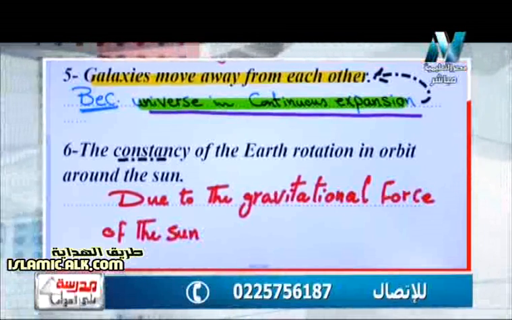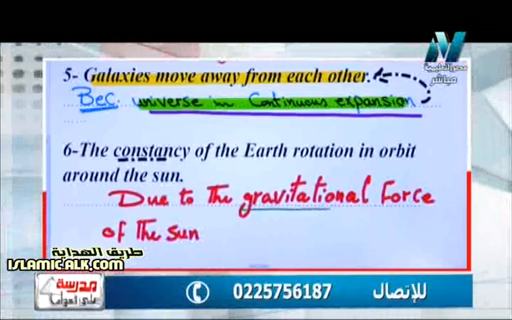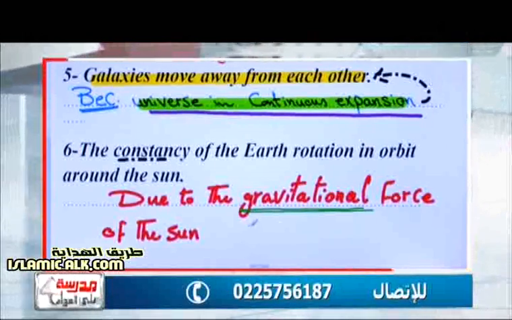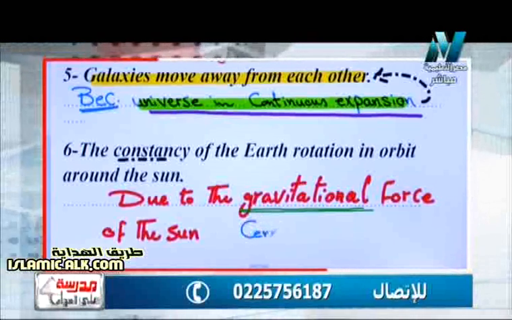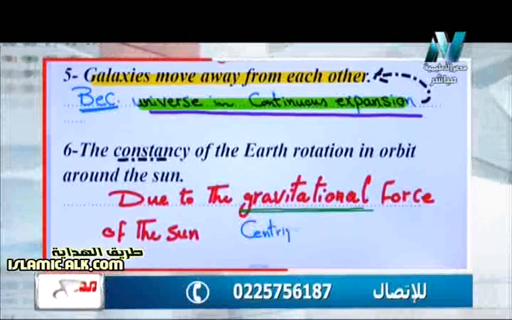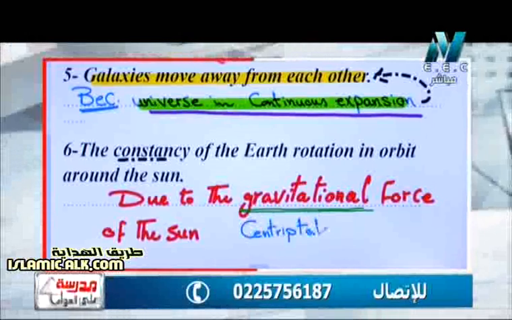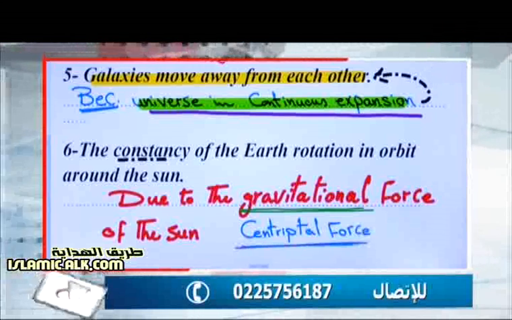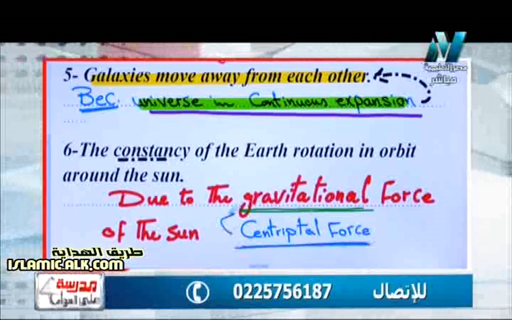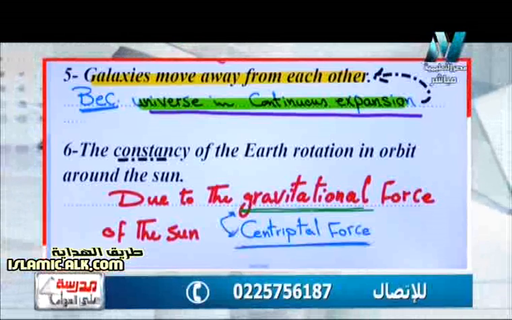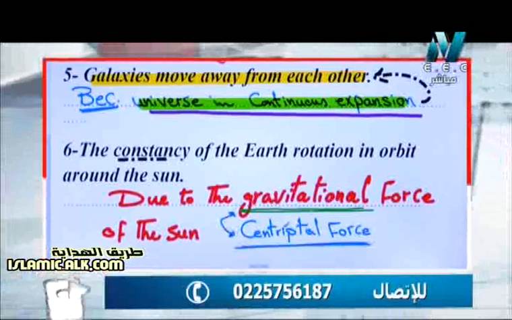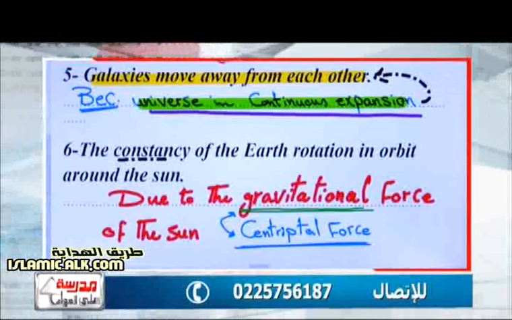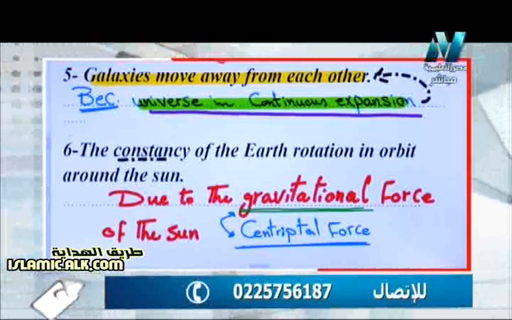Some students maybe say here instead of gravitational force, بدل ما نقول gravitational force we can say centripetal force. Centripetal force means here central gravitational force. خلي بالنا الاثنين بنفس المينينج يعني centripetal or central gravitational force which means gravity or gravitational force. طبعا هنا constancy of rotation يعني ثبات الدوران نفسه.